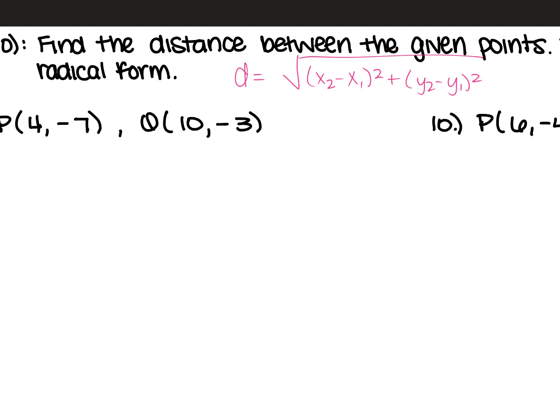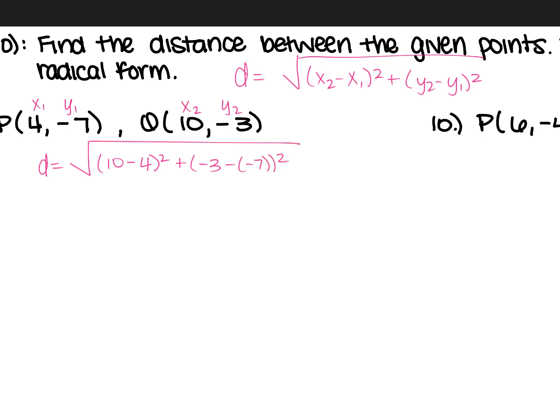So for example 9, you have the ordered pair of (4, -7), and then you have another one that is (10, -3). So I'm going to use the 4 as x1, negative 7 as y1, x2 will be 10, y2 will be negative 3. So your distance is going to equal the square root of (10 - 4)² + (-3 - -7)².